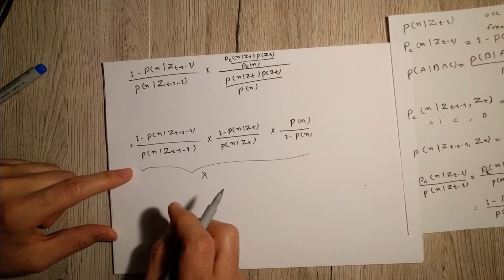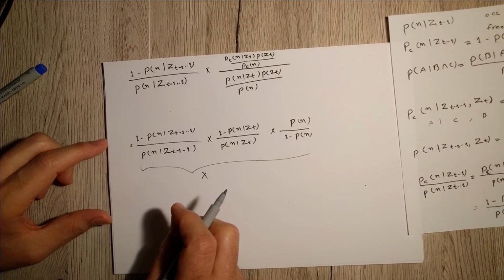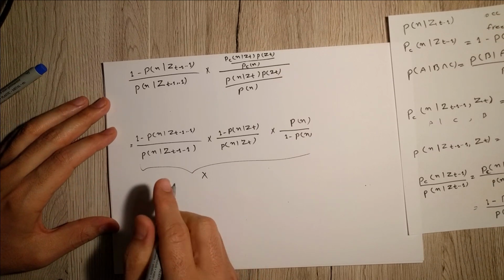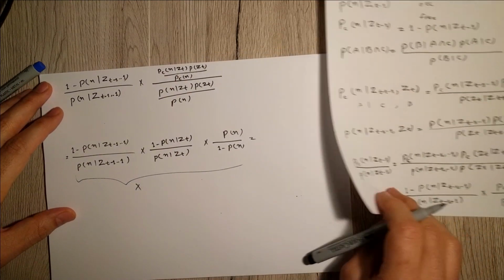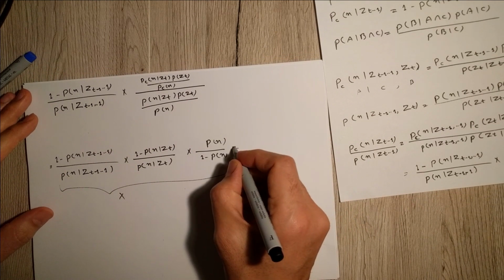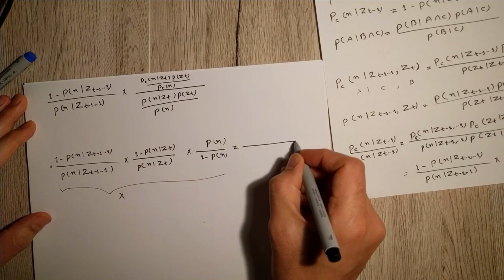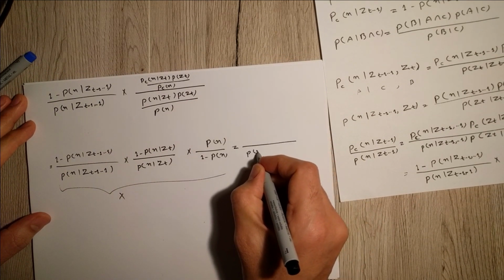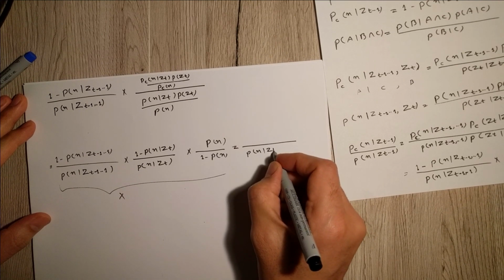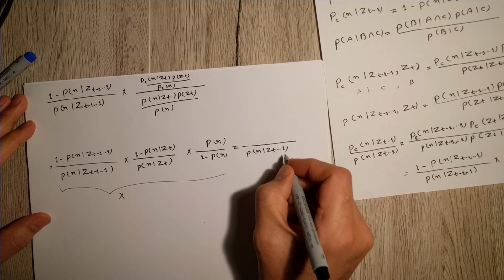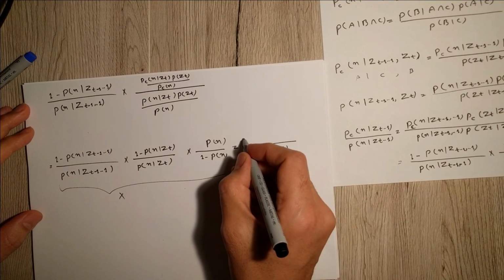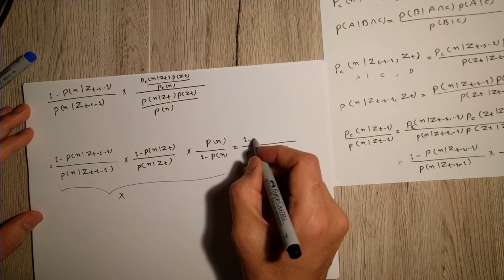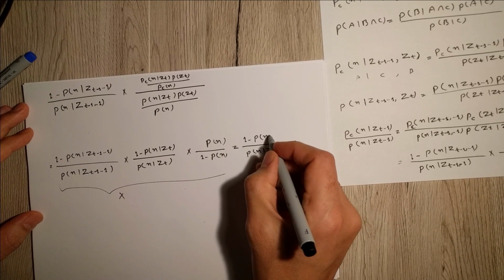So let me just write the rest. I will write it down here for you. And again, here you can see we have the probability of the complement. We just write it down as 1 minus probability of n.